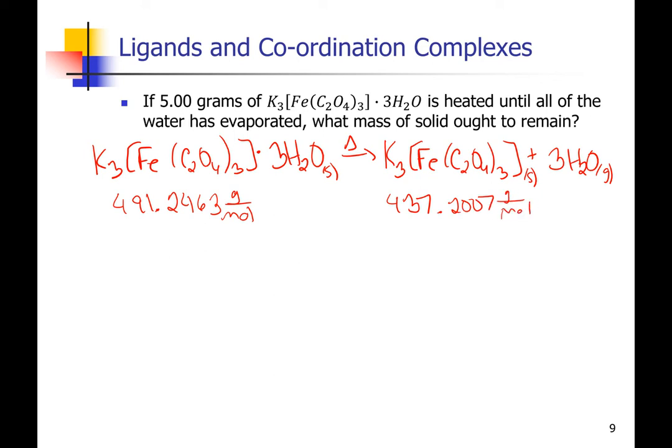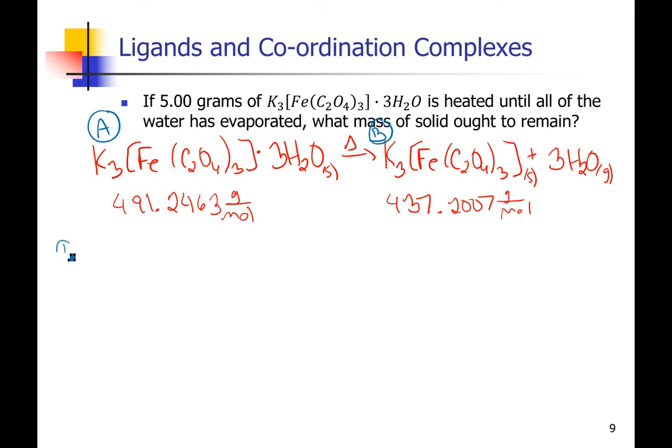And the only difference between those two is whether or not we counted the 3 water molecules, which we have to in the hydrated salt, but not in the dehydrated one. And so really, this is a stoichiometry question. And so we just need to follow our usual 3-step process of figure out moles of something, use the mole ratio, and then answer the question. So that I don't have to write out those whole molecular formulas every single time, I'm just going to call this one here A and this one here B.